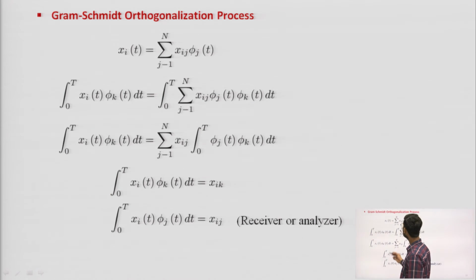Similarly, your xi t equals, as I have already seen, the sum over j equal to 1 to n of xij phi j of t.